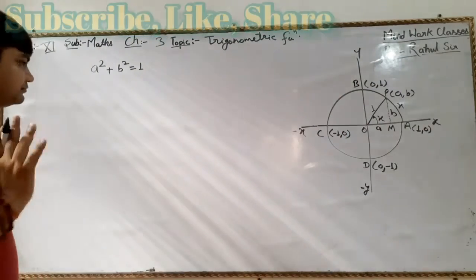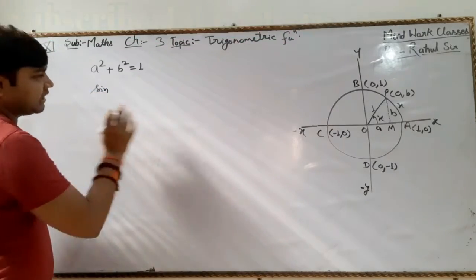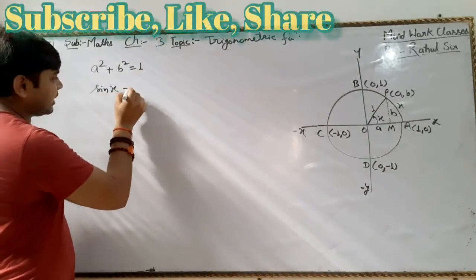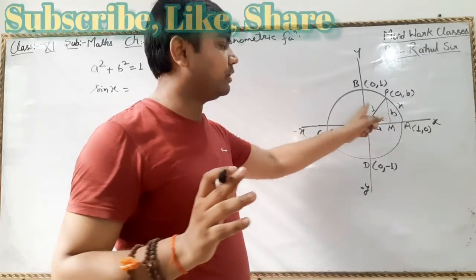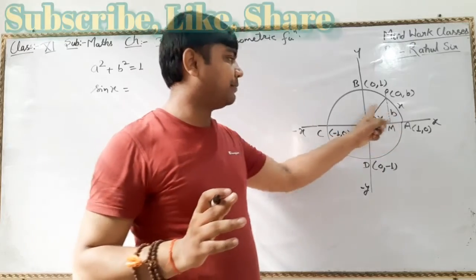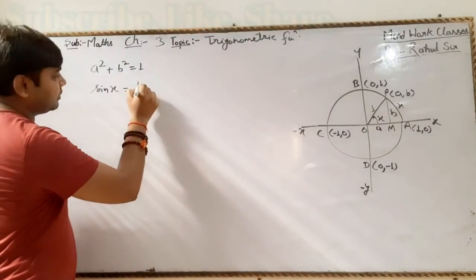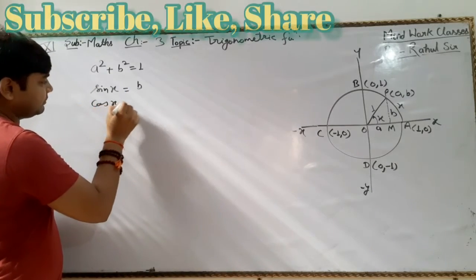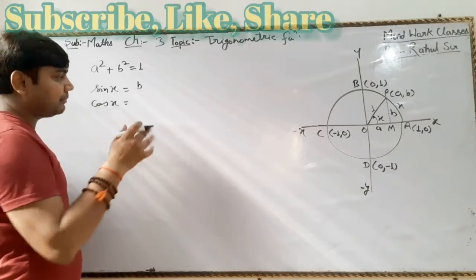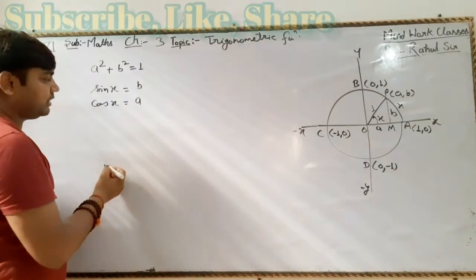Now this angle is x, so sine x will be equal to, we know that sine theta is equal to perpendicular upon hypotenuse, so sine x will be b upon 1, that is b. Cos x will be equal to base upon hypotenuse, so that will be a.